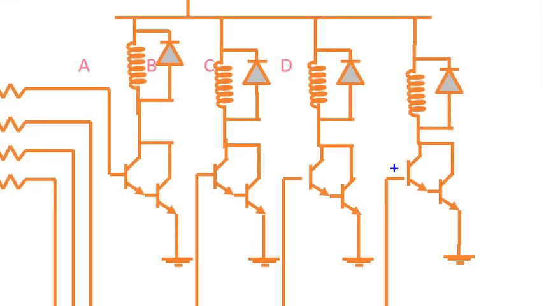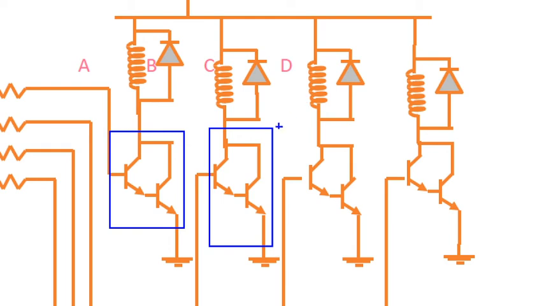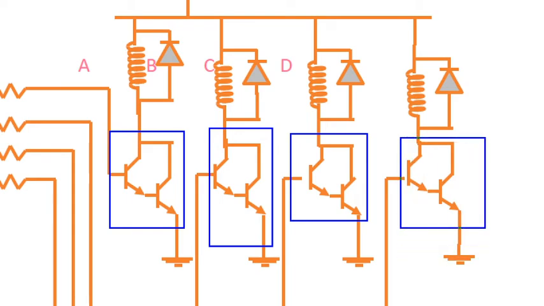This is one Darlington pair connection for the coil A. This is another Darlington pair connection for the coil B. This is another for the coil C. And this is another for the coil D. So these are the four coils now.